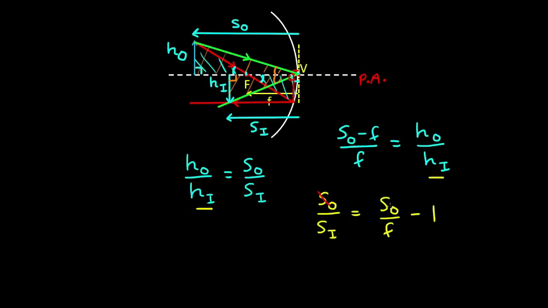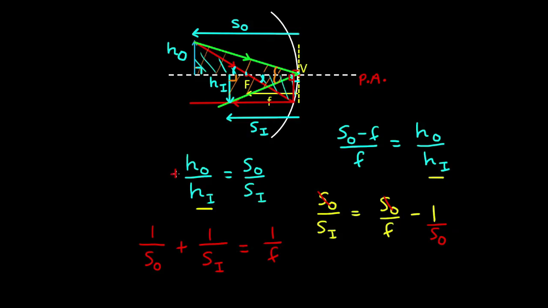So if we divide through by S_O, and add the reciprocal of S_O to both sides, we get another relationship, being the reciprocal of the distance to the object plus the reciprocal of the distance to the image is equal to the reciprocal of the distance to the focus.